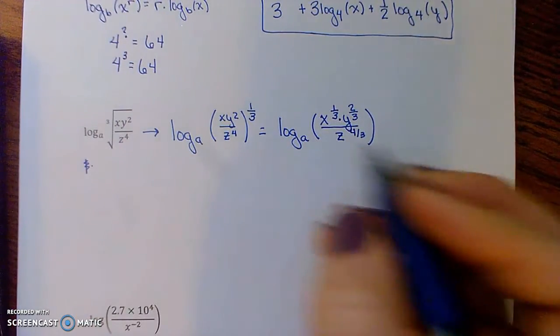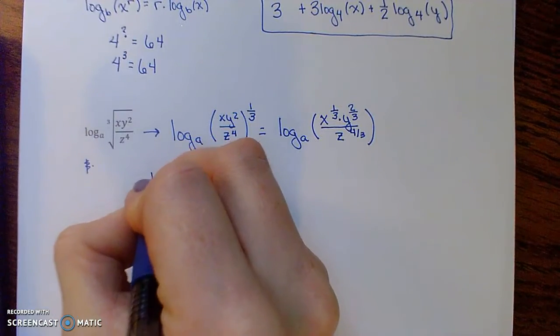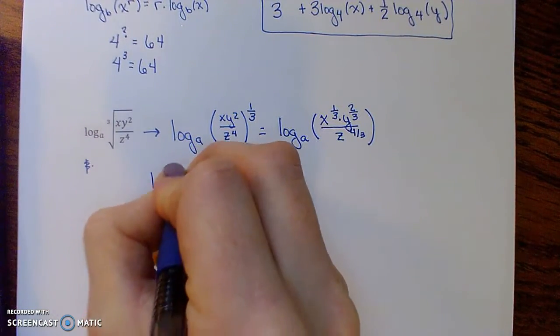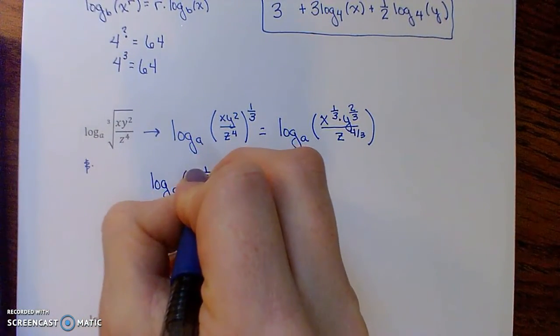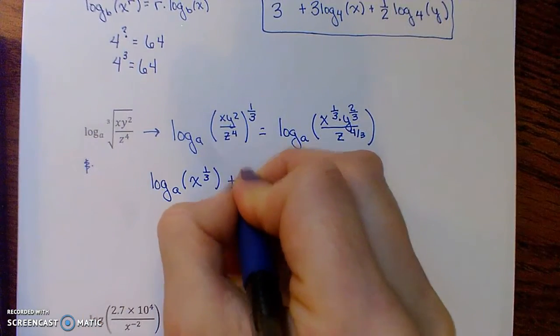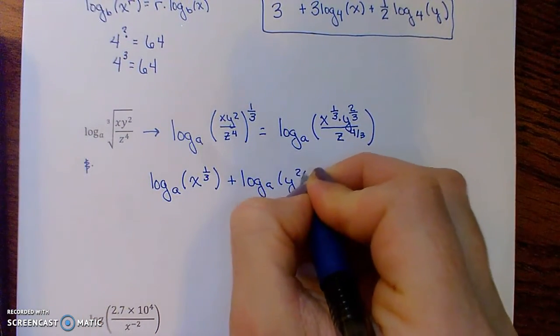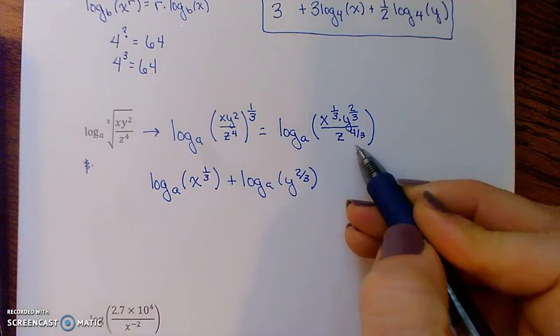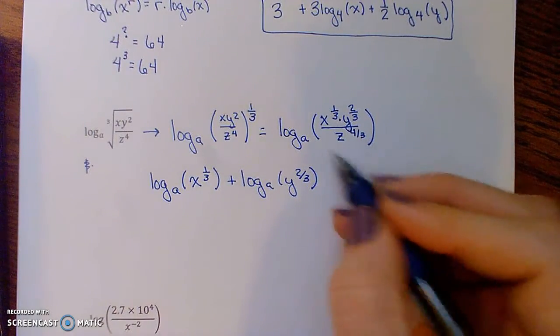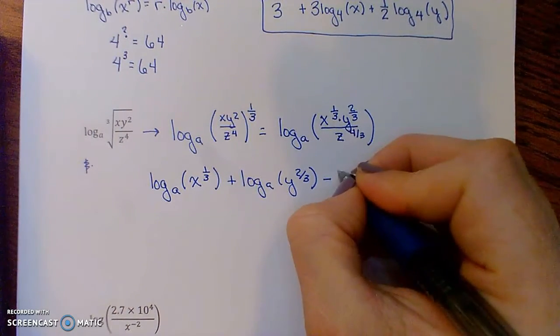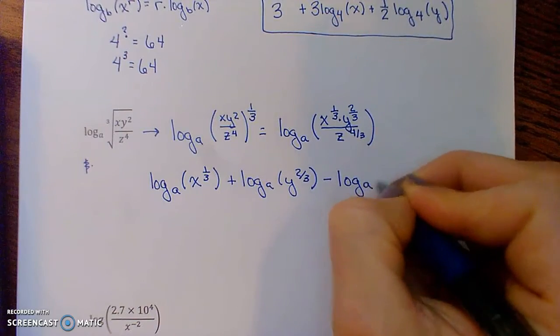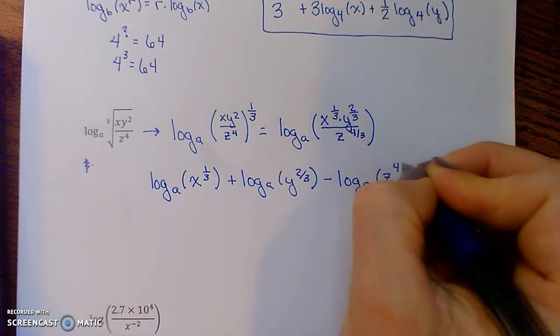So I'm going to write this as 3 terms. Log base a of x to the 1/3 plus log base a of y to the 2/3, and then I'll subtract off the log of the denominator. So minus log base a of z to the 4/3.